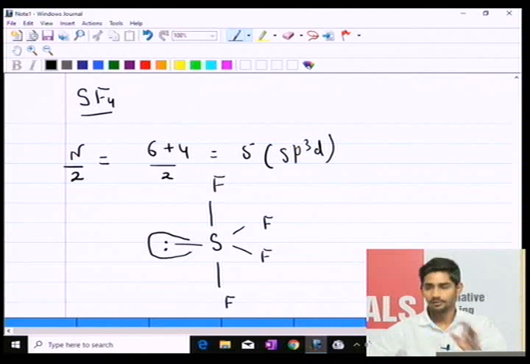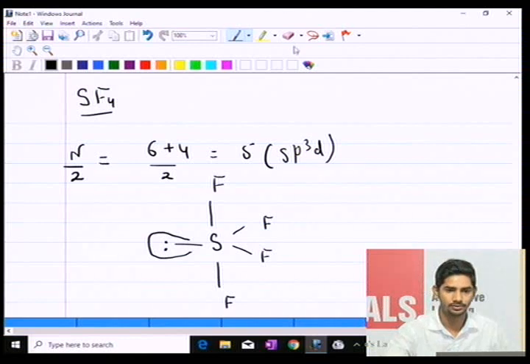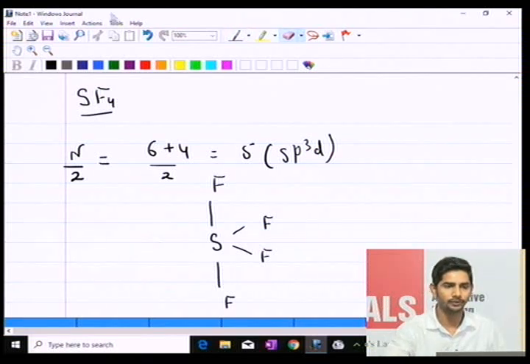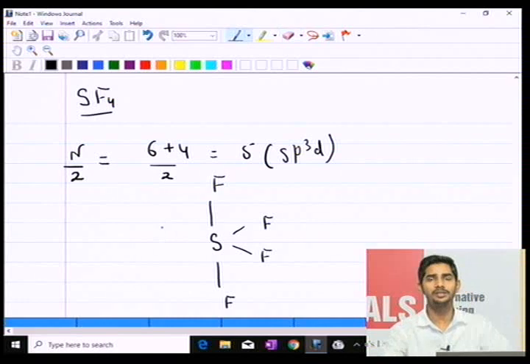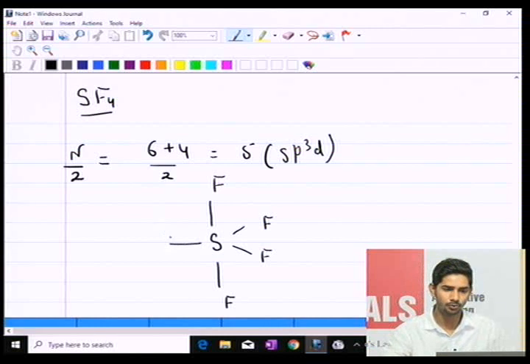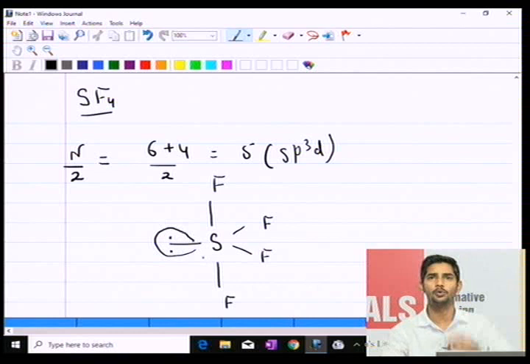Hide the lone pair. See, I'm removing it. Guys, look at this. Can you imagine that? Does it look like a seesaw? Okay. So guys, in this manner, you can look at the example and have a guess that this could be the answer. So this is the seesaw.